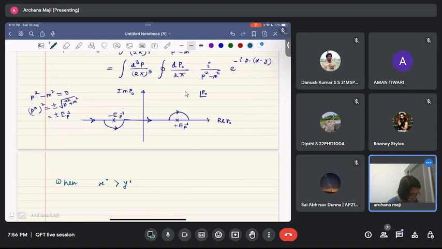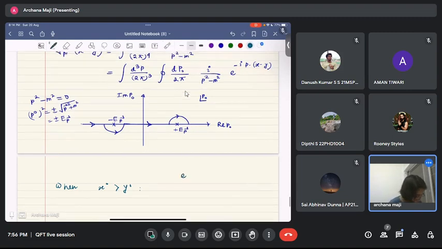The trick is you need to look at this exponent. Exponential of minus i p dot (x minus y) is equal to exponential of i p0 (x0 minus y0) plus i p vector dot (x minus y) vector.